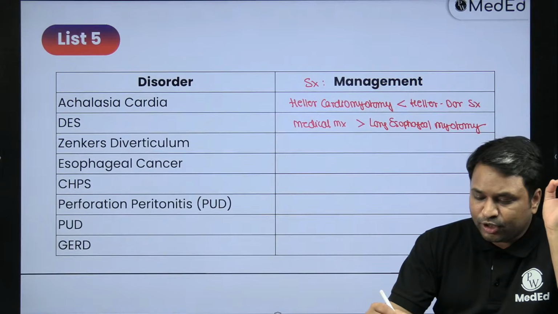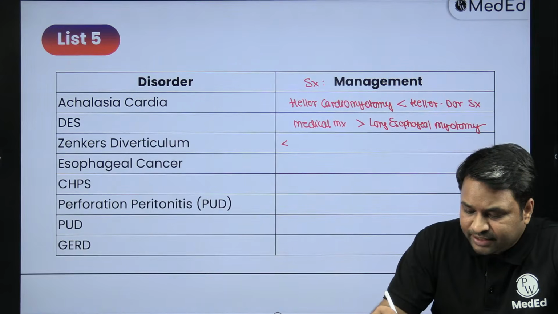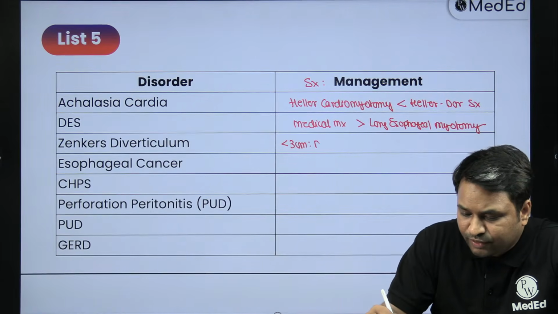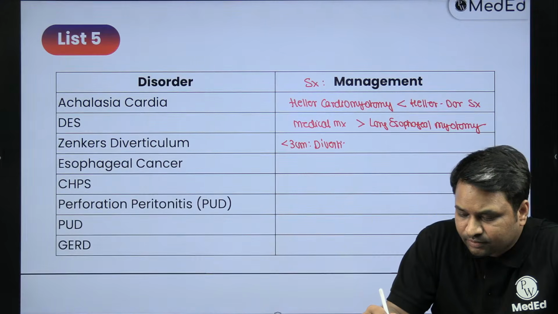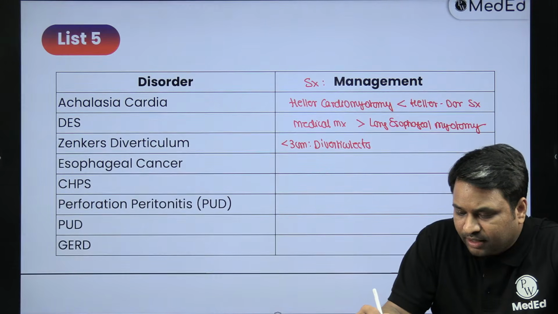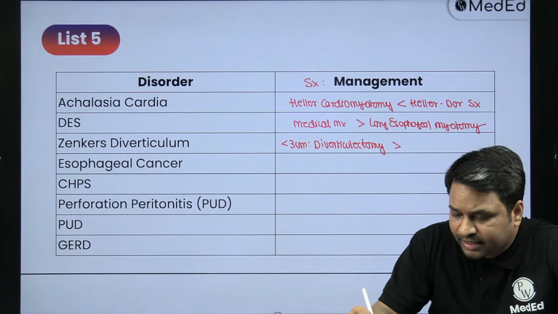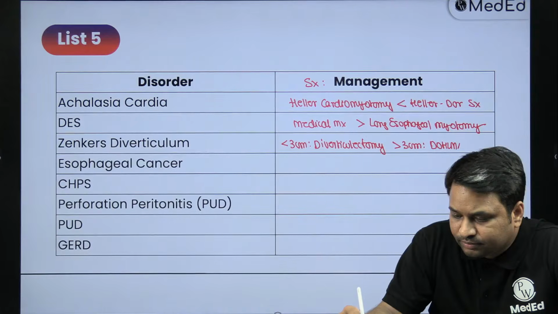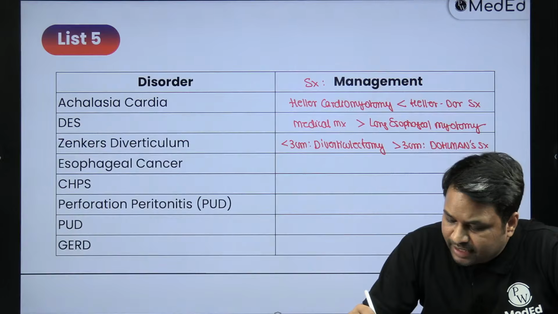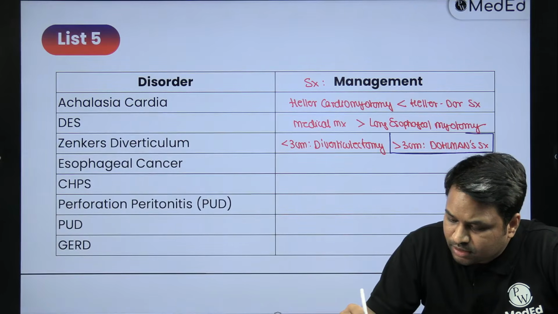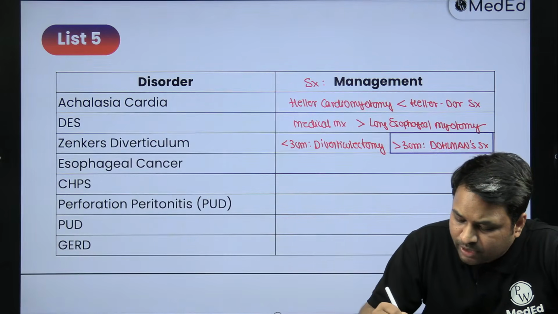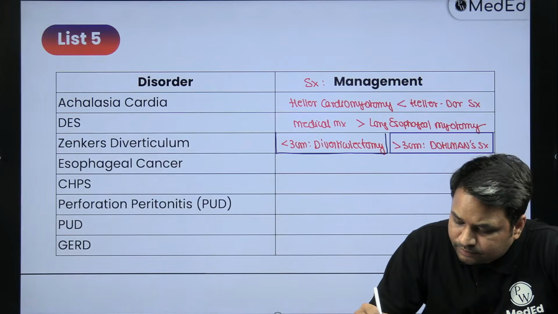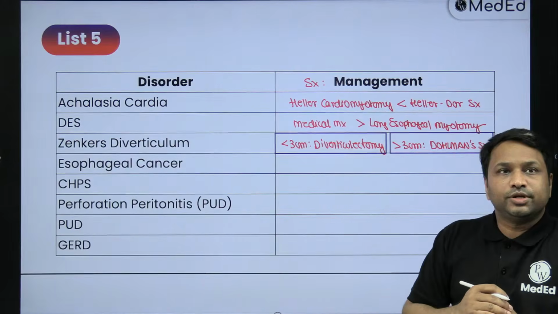For Zenker's diverticulum, if it is less than 3 centimeters, then you have diverticulectomy. And if it is more than 3 centimeters, then you have the Dohlman surgery, which is the endoscopic Dohlman surgery.